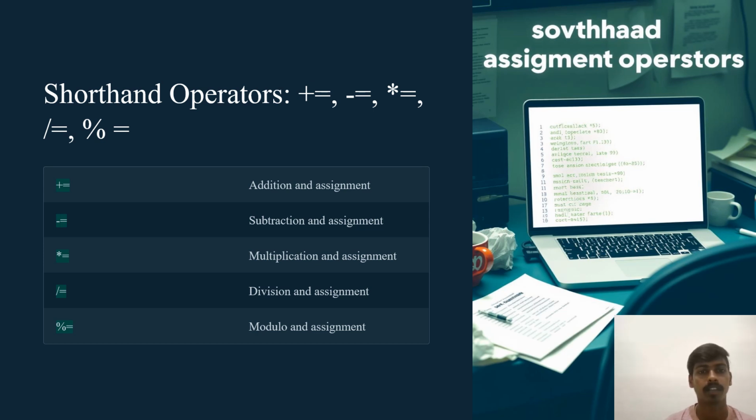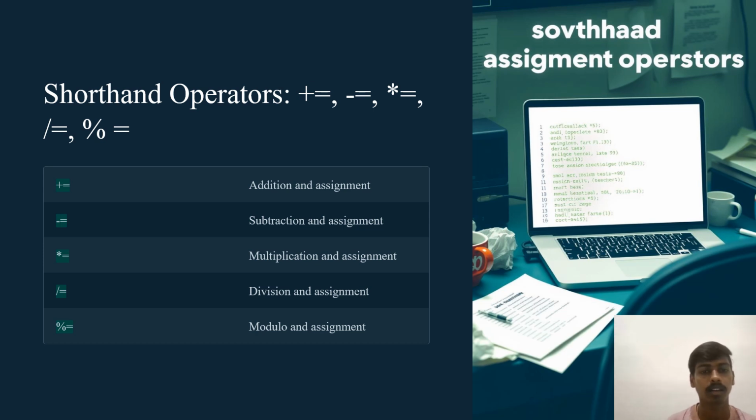Shorthand operators: plus equal to, minus equal to, star equal to, slash equal to, and percentage equal to. Here, addition and assignment, subtraction and assignment, multiplication and assignment, division and assignment, modulo and assignment.